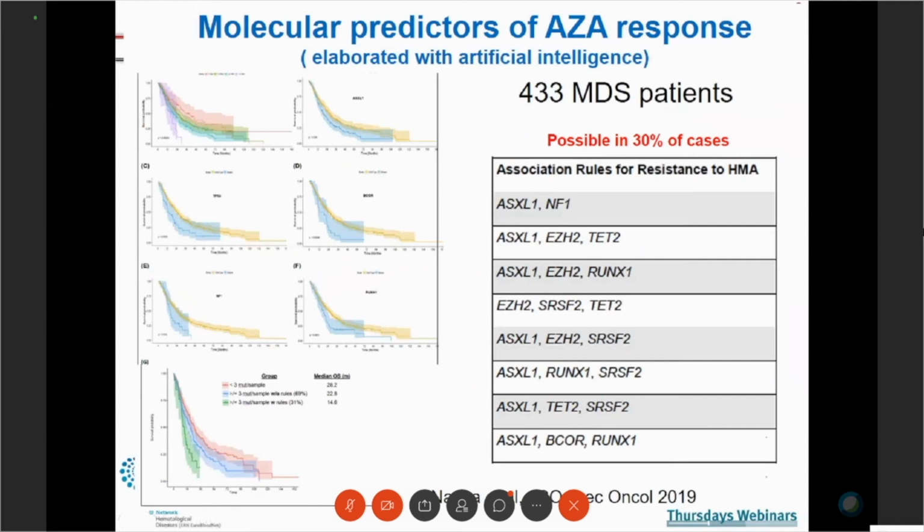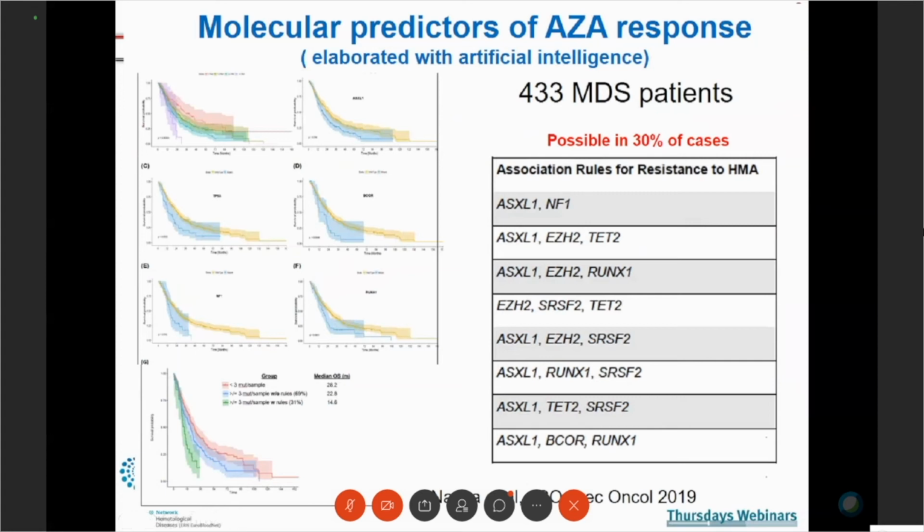So the association rules for a combination of biomarkers, in this case of mutation, allowed the identification of patients, 30% of cases, who were not responsive to HMA. So with a very good power of 87 and 93% in the confirmatory study. So this is a possible use of the combination.